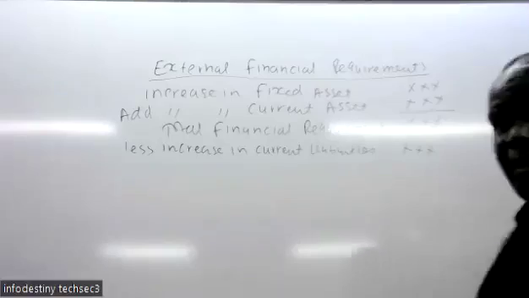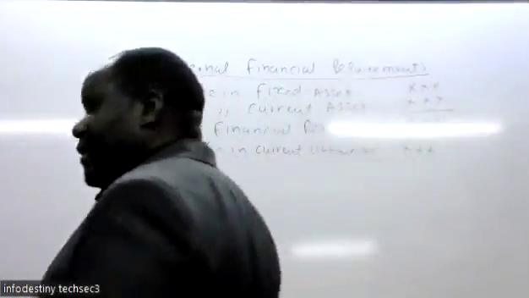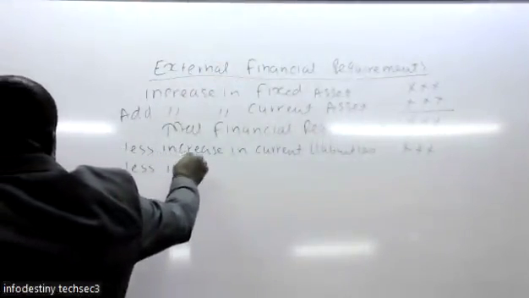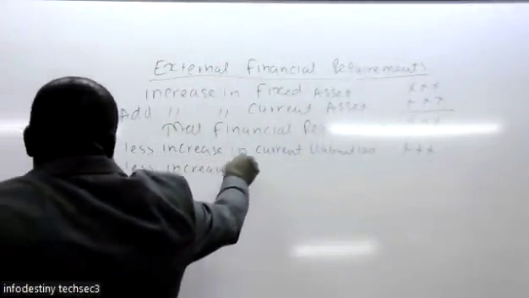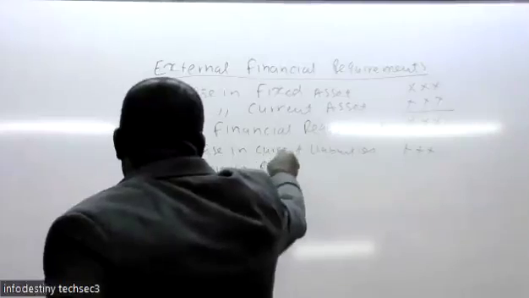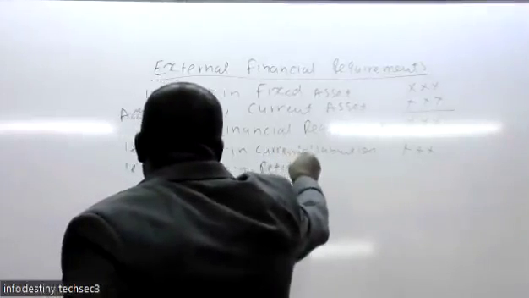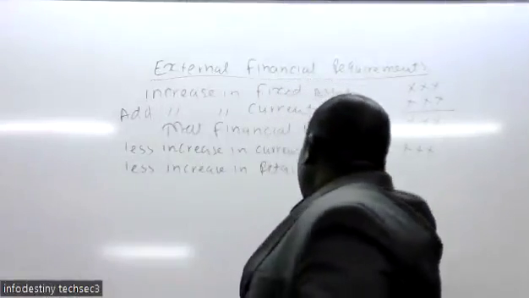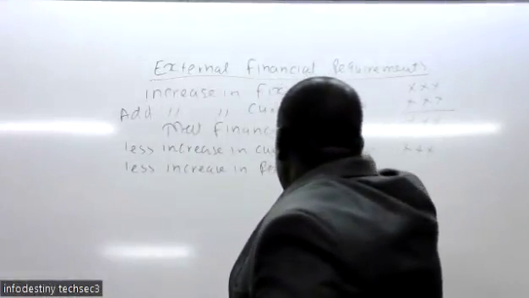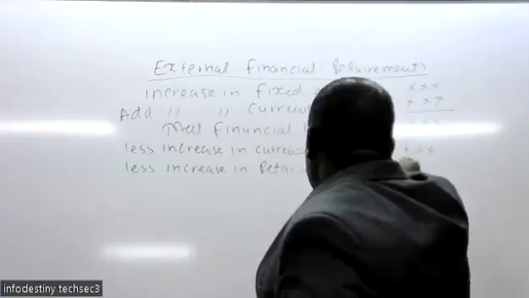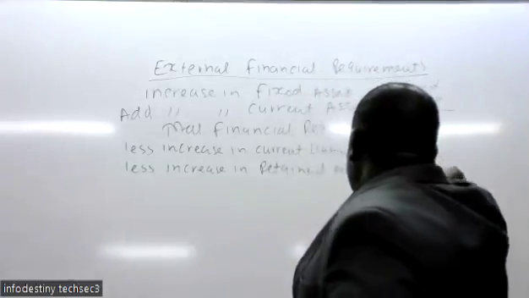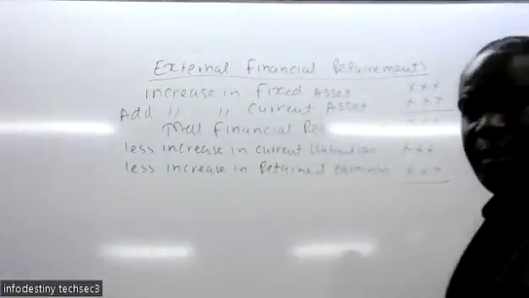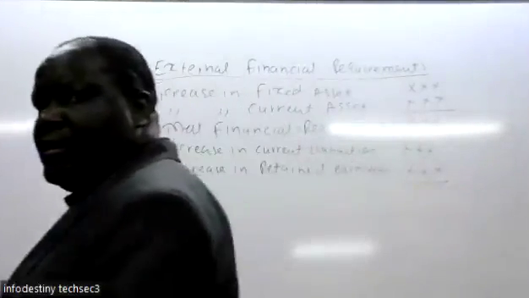You also less the increase in the retained earnings. So when you minus those two items, we get the external financial requirements.